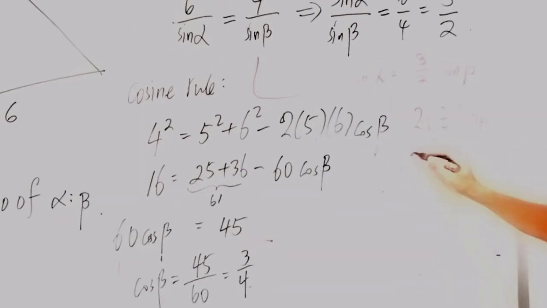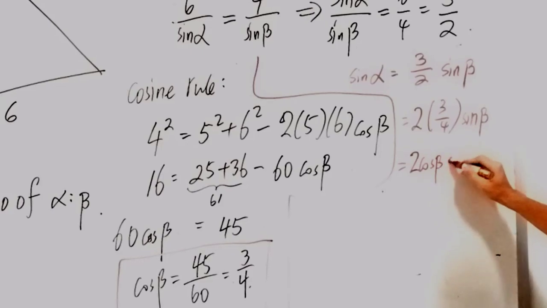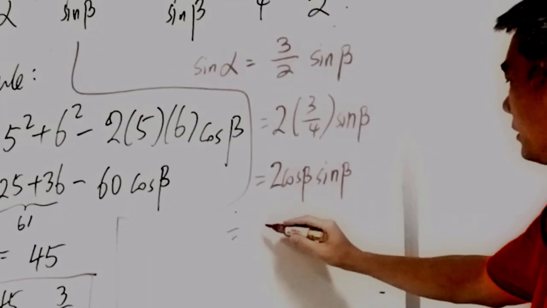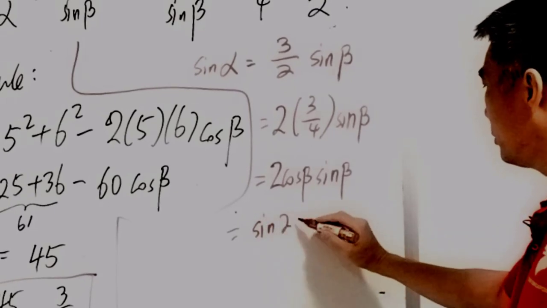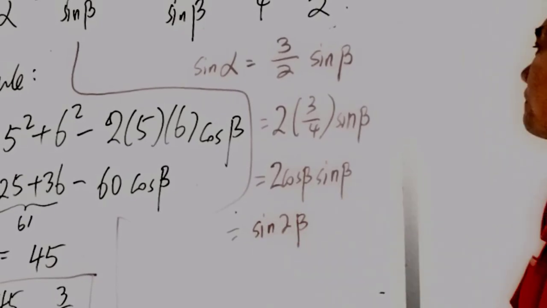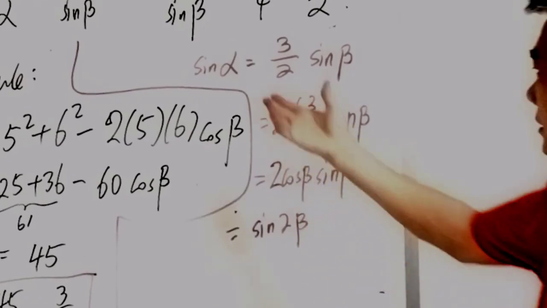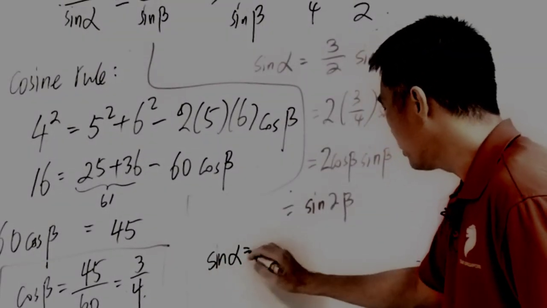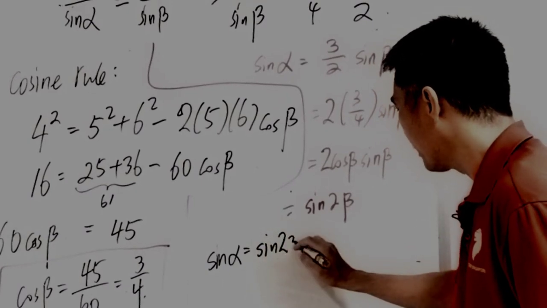And 3 over 4 is cosine beta. And 2 sine cosine equals sine 2 beta. So now, sine alpha equals sine 2 beta.